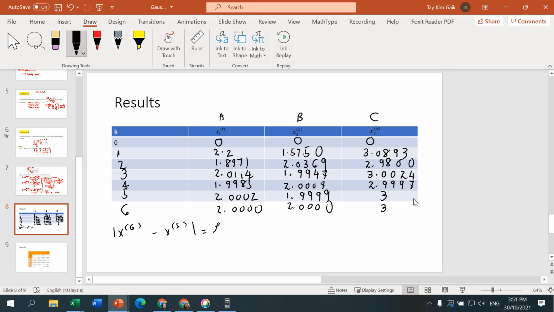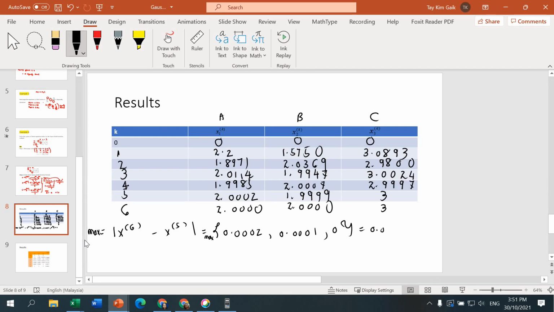Here you have 3 values, which are 0.0002, 0.0001, and 0. It will take the maximum value of the magnitude. This is a vector, so you have 3 values. The maximum value is the maximum of these.